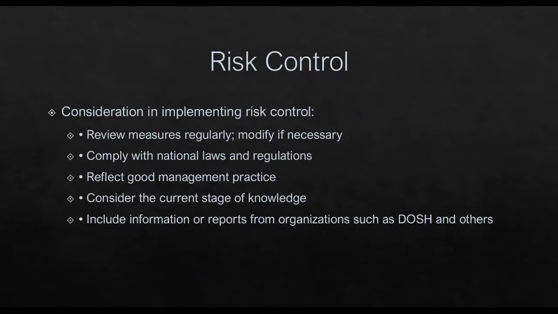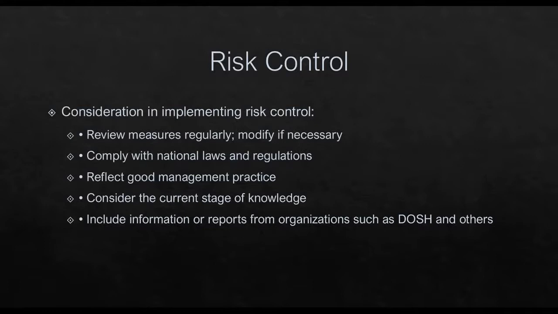And then the risk control. Consideration in implementing the risk control. So after we clarify the work activities, then we identify the hazard. After that, we assess the risk. We take a look at the likelihood, and then we take a look at the severity that might happen for that particular hazard.